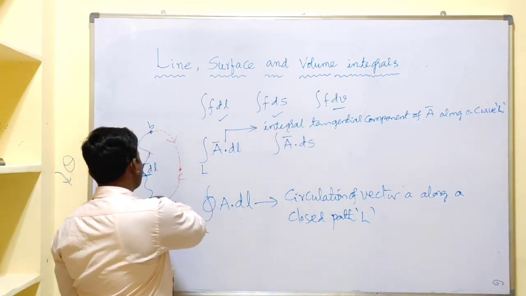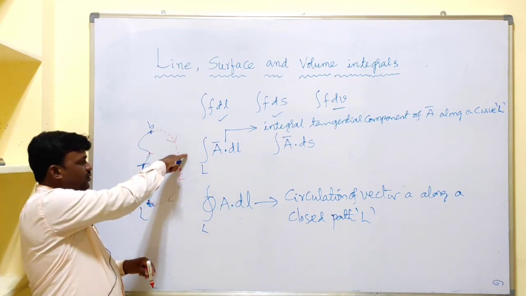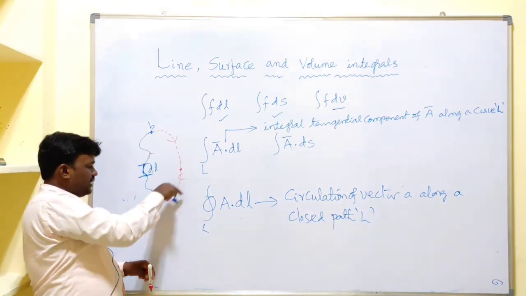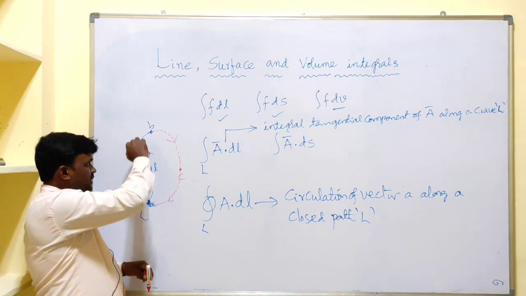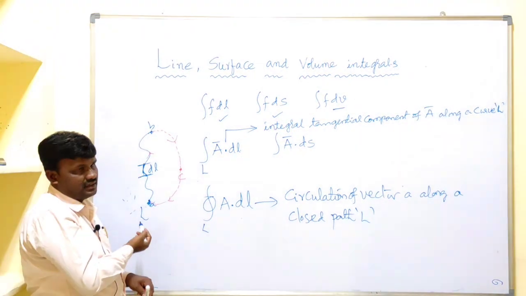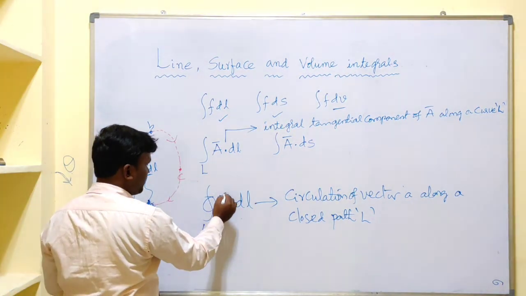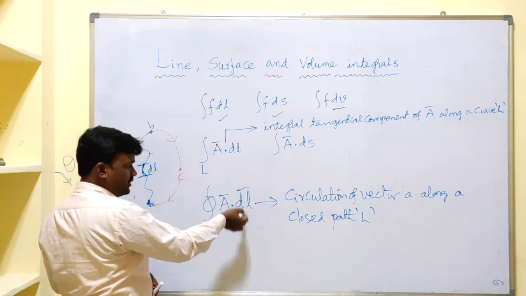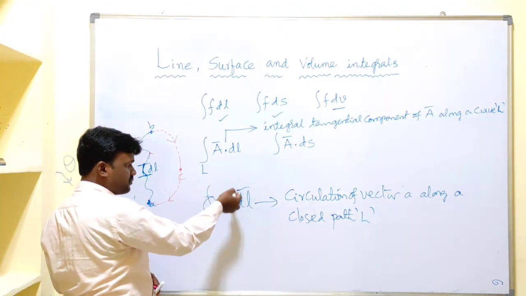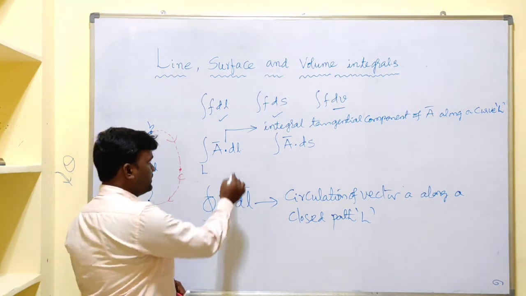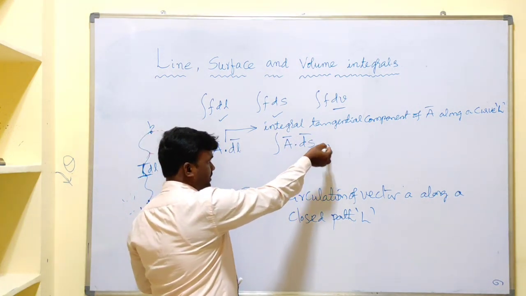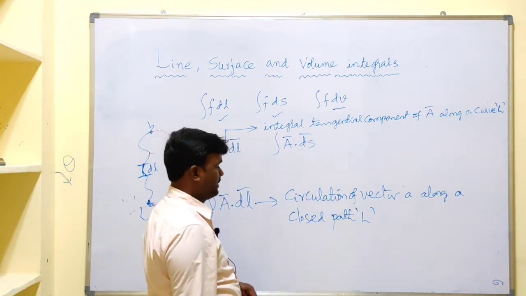It starts at A, moves in this direction, and terminates at this point. It is a closed path. In that case, we have a closed line integral of vector A. Of course, this differential length or differential displacement is also a vector quantity. Here also there is a vector quantity, the differential surface area.